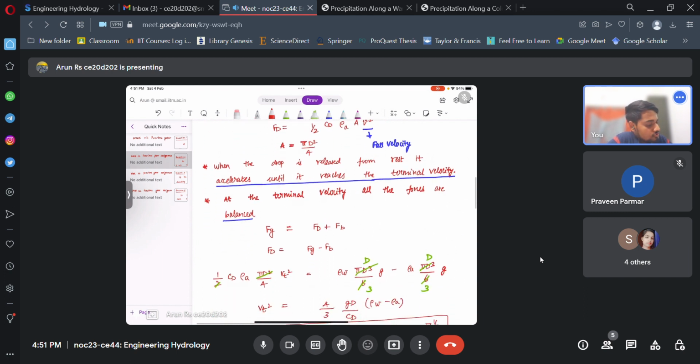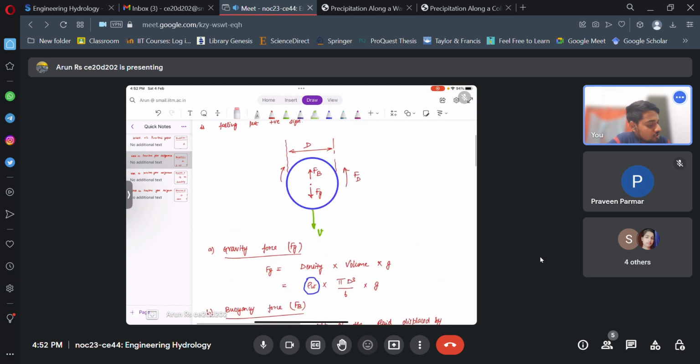So now the droplet is released from rest and it accelerates until it reaches the terminal velocity. So at the terminal velocity, all the 3 forces are balanced by each other. If you write a force balance, we are considering downward to be negative and upward to be positive. Okay.